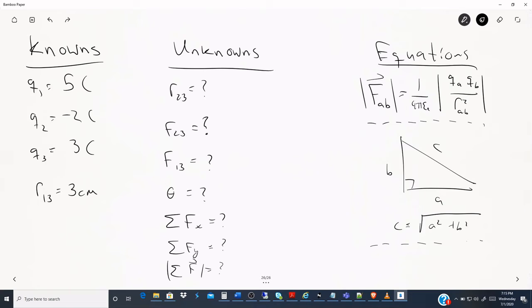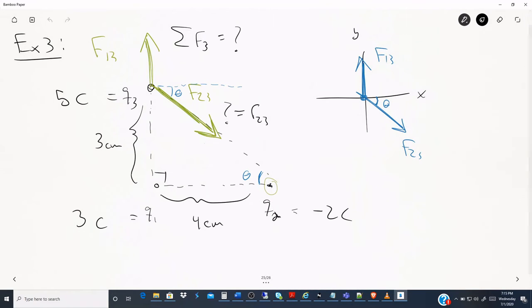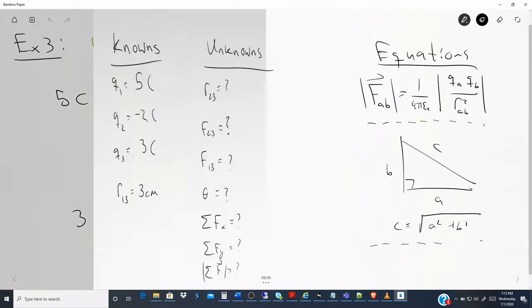I know that R23 is the hypotenuse of this triangle here. So I just need to work that out, and I know the other two sides. To find R23, I know that I have a 3, a 4, and R23 here. So A is equal to 3, B is equal to 4 centimeters.